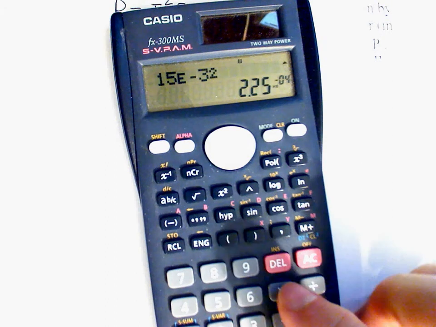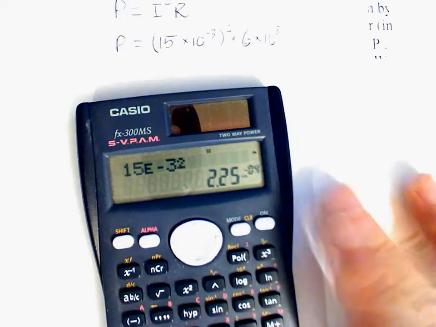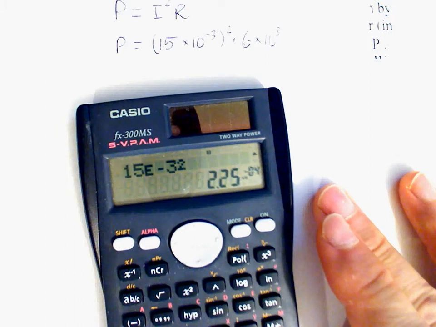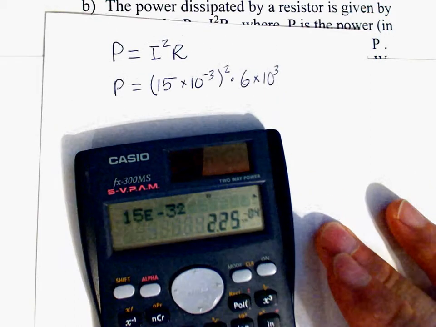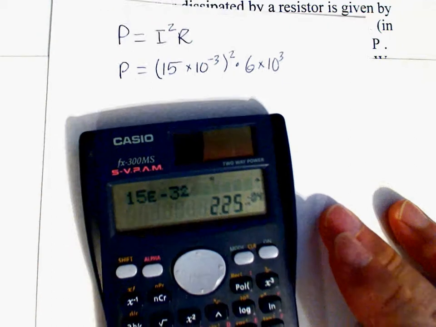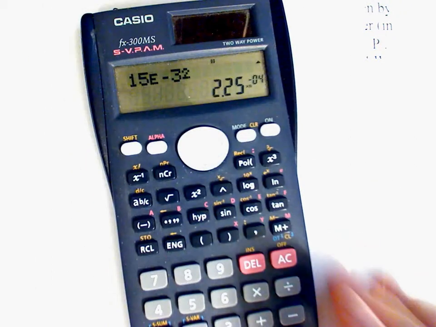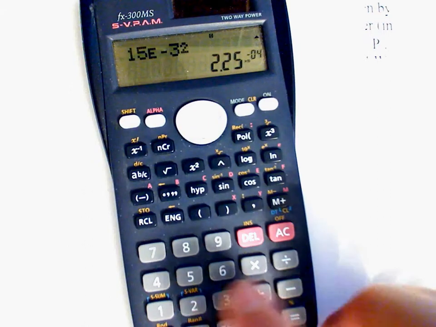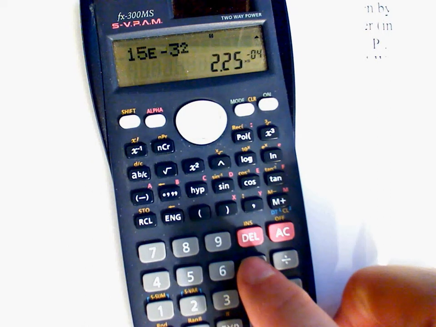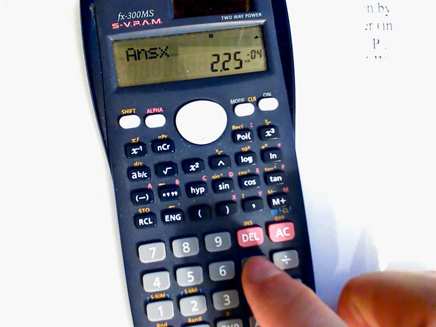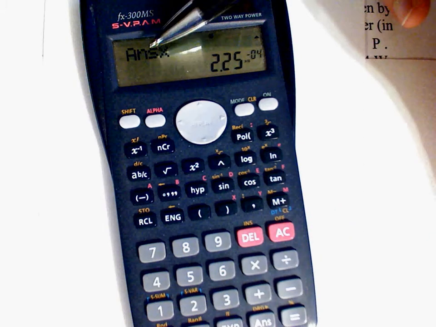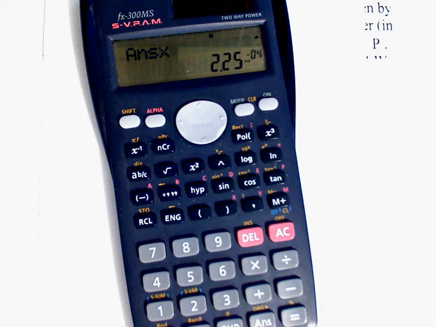Now I need to multiply this by the resistance. In this particular case, the resistance was 6 kiloohms. I'm just going to press the multiply button, and that will automatically multiply it by my previous answer. See the ANS here, that means pull back the answer that I had before, so I don't have to retype it.